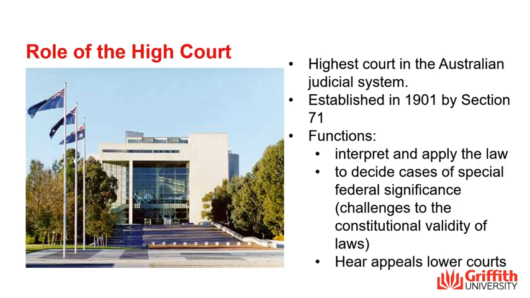The functions of the High Court are to interpret and apply the law of Australia, to decide cases of special federal significance, including challenges to the constitutional validity of laws, and to hear appeals by special leave. It's not automatic, you've got to get leave of the High Court for them to hear the appeal. So appeal by special leave from federal, state and territory courts.